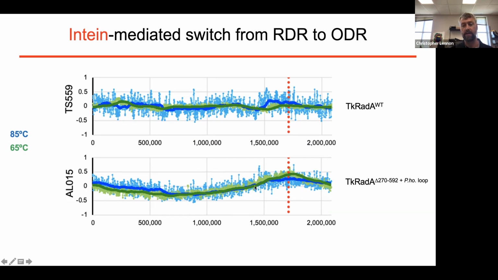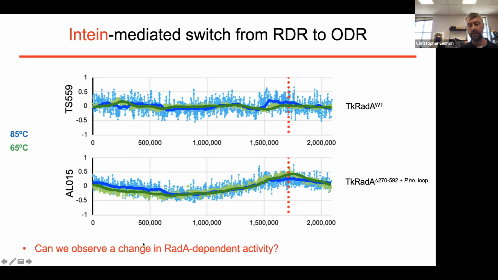So this bump here tells us that these cells are using origin-dependent replication where they were not previously doing so, right? So this represents an Intein-mediated switch in the mode in which this organism is replicating its genome. Okay, so can we observe a change in Rad-A dependent activity? And again, the answer is yes.